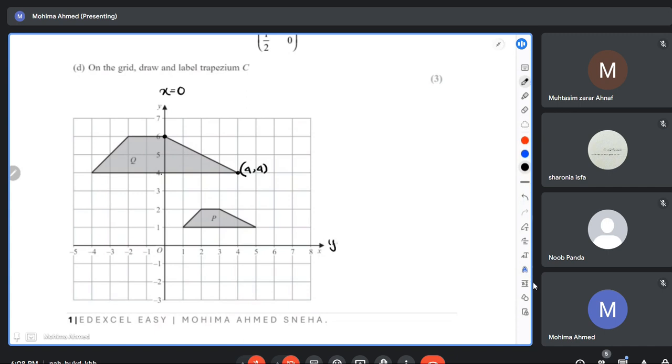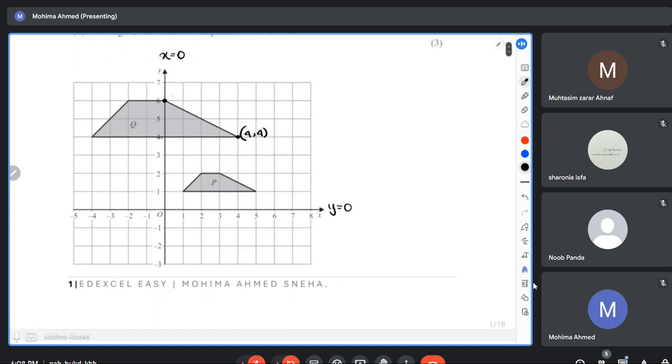At the x-axis, y is equal to 0. That means for this point, the coordinate is 0, 6. And for this point, x is -2, so it's going to be -2, 6. And for this point, -4, 4.